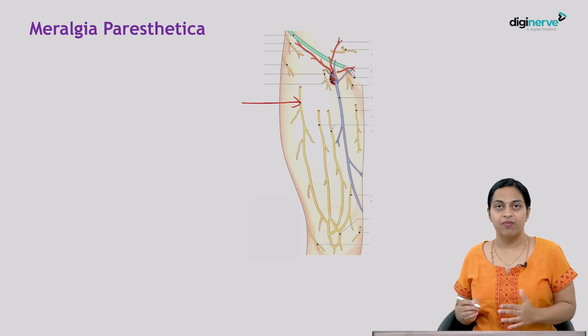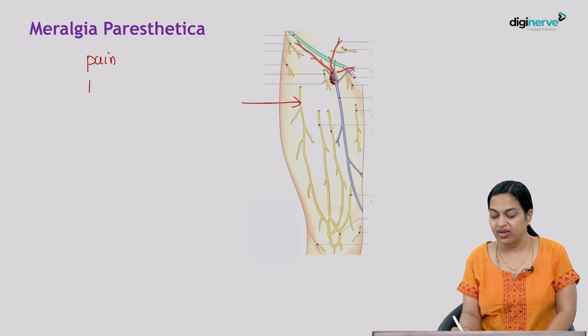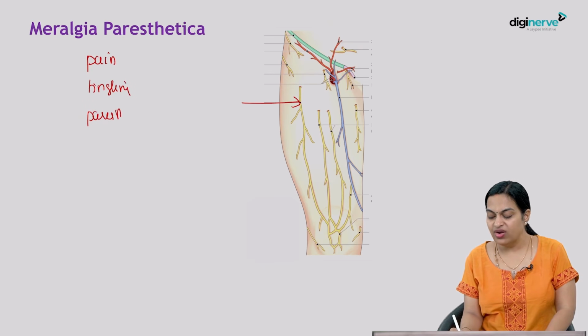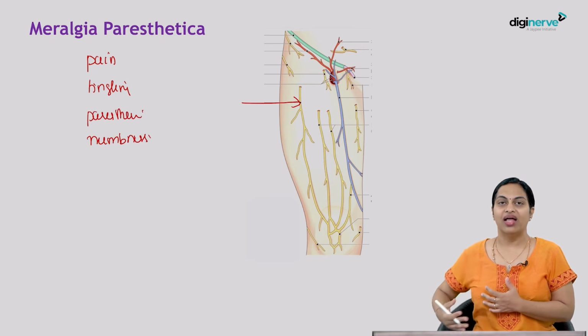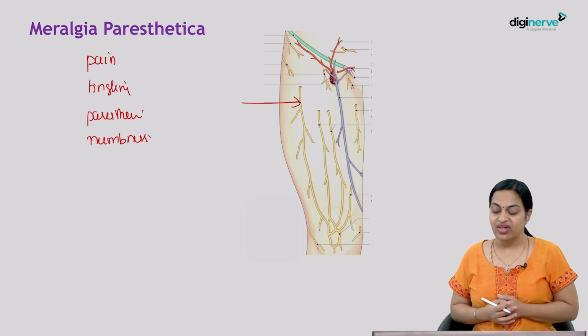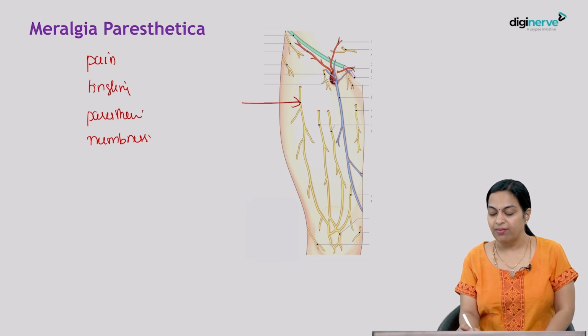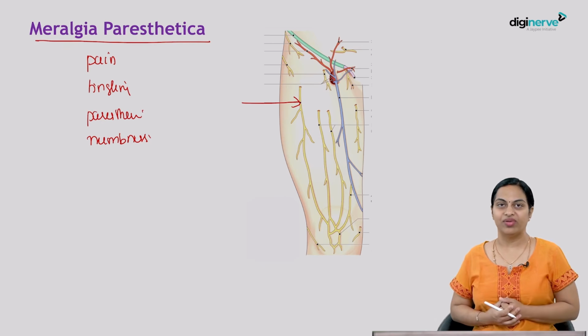When it is getting compressed, the patient can present with pain, tingling, paresthesia, or in some cases numbness along the distribution of this nerve, which is the anterolateral and part of the posterolateral aspect of the thigh. This condition is called meralgia paresthetica. Okay, so this is one high yield topic.